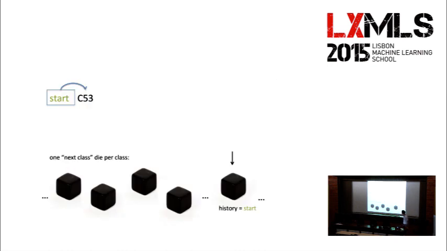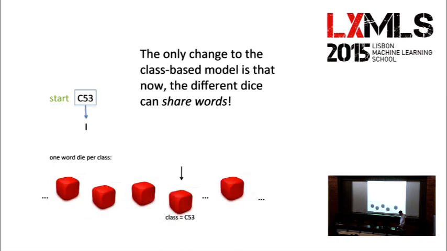So here's the generative story. It looks very similar to what we had before. First, we start by going to what we call the transition distribution for the history, for the start symbol, and we randomly draw from it. We get C53. Then we go to the red die, what we call the emission distribution for state number C53, and we roll that die and we get a word.